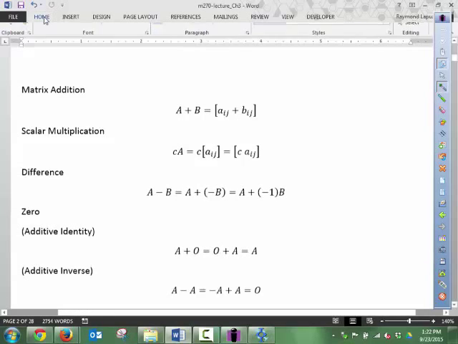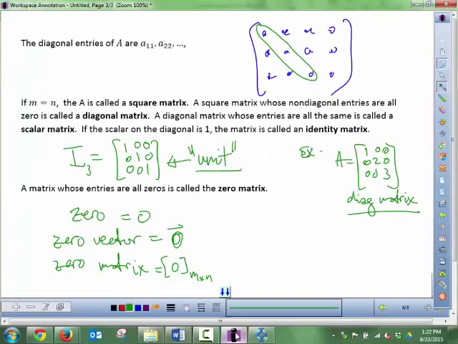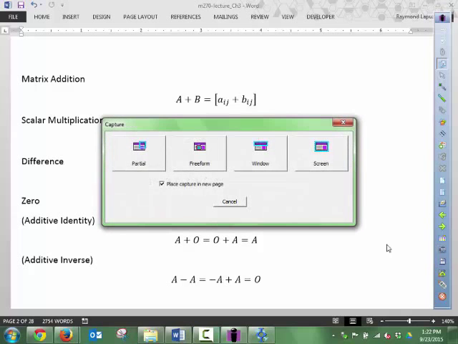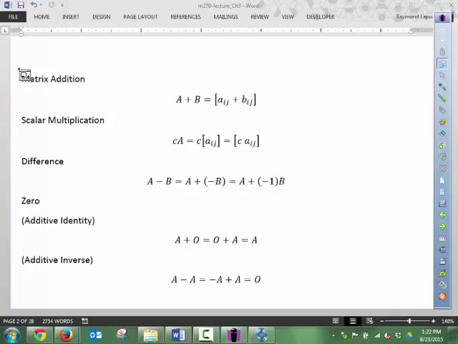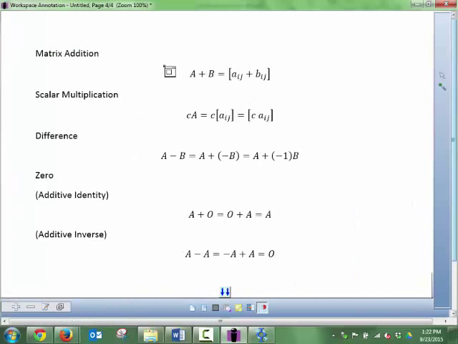And in algebra or even arithmetic, they talk about the zero identity property and the additive and the multiplicative identity property. So we haven't done any matrix multiplication yet, so we'll talk about the multiplicative property later. But for now, let's talk about the additive identity and additive inverse.